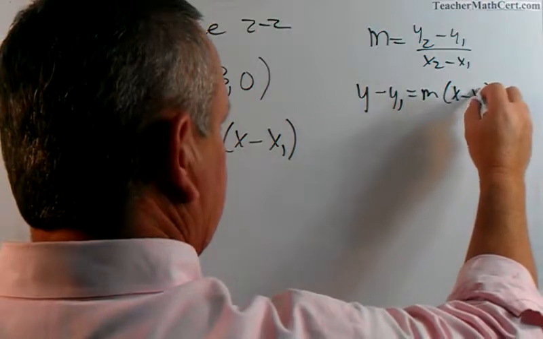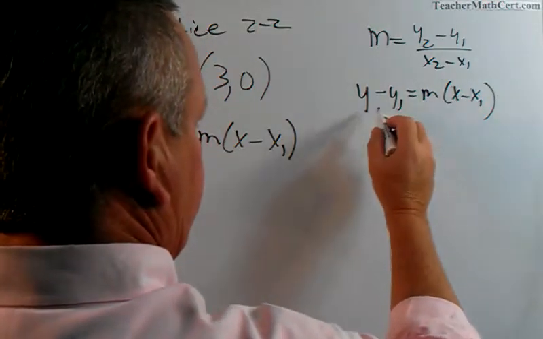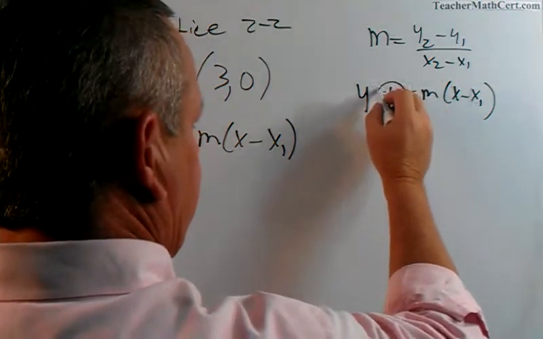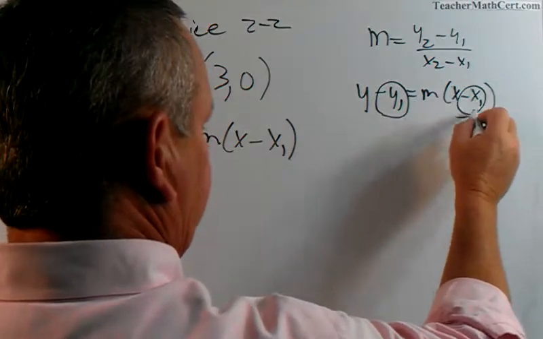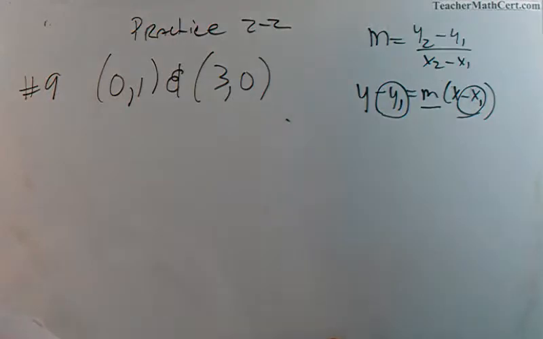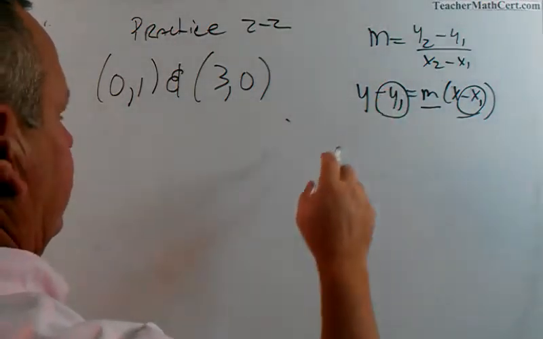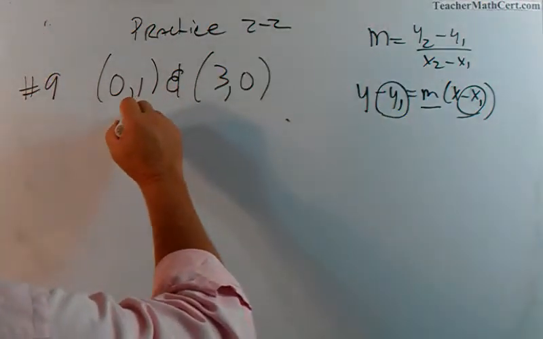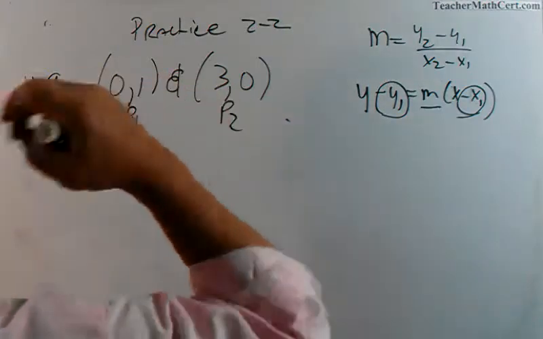Alright? These are the points right here, values for the points, and there's the slope. So let's go ahead and calculate the slope first. We're going to call this P1, P2.